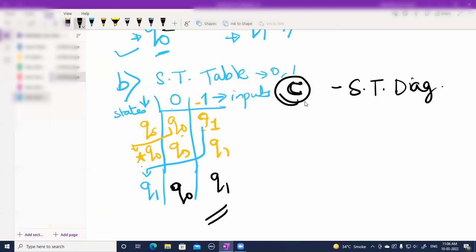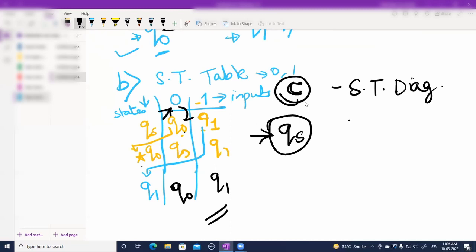First of all, we will note down the starting state. QS is your starting state. We mark it by putting it in a circle, and the initial state is marked by putting an arrow here. Now QS on 0, where is it going? QS on 0 goes to the Q0 state.